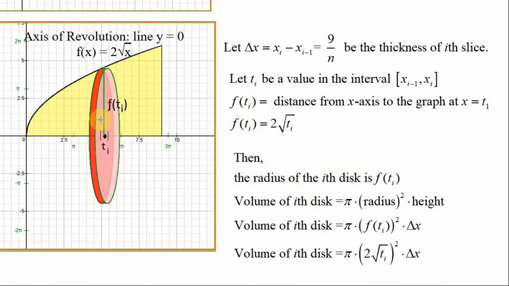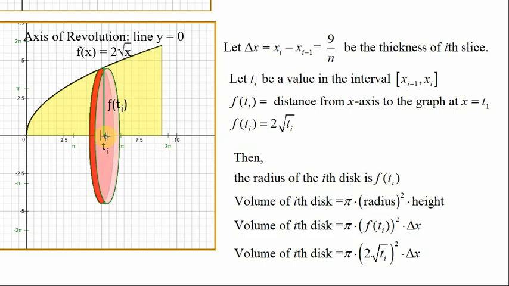Here's the ith disc again with the original graph. The middle of the ith disc intersects the x-axis at this point. Let's call this t sub i, since this is the ith disc.